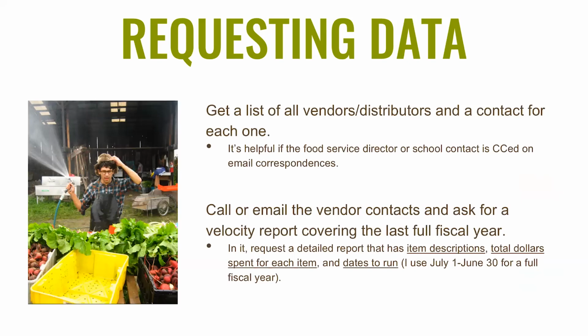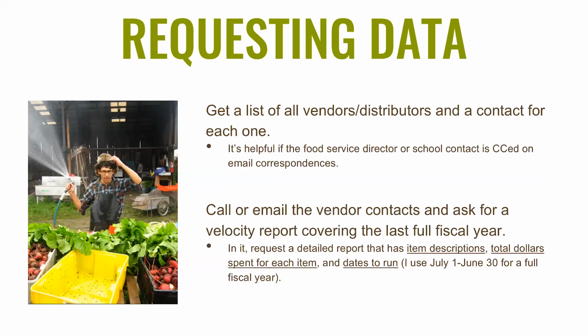So as an outside collaborator, I often offer to serve that role myself. I do a lot of the outreach and have been successful where it's a partnership, where the food service director is at least CC'd on email correspondences to put the vendor at ease sharing the data with me.